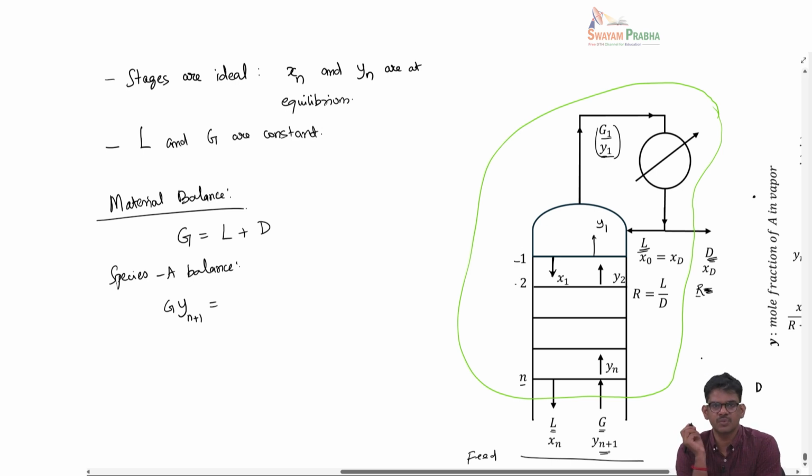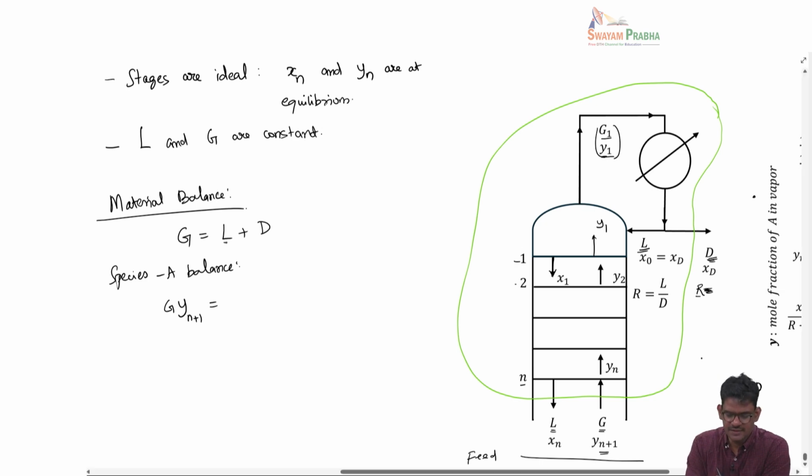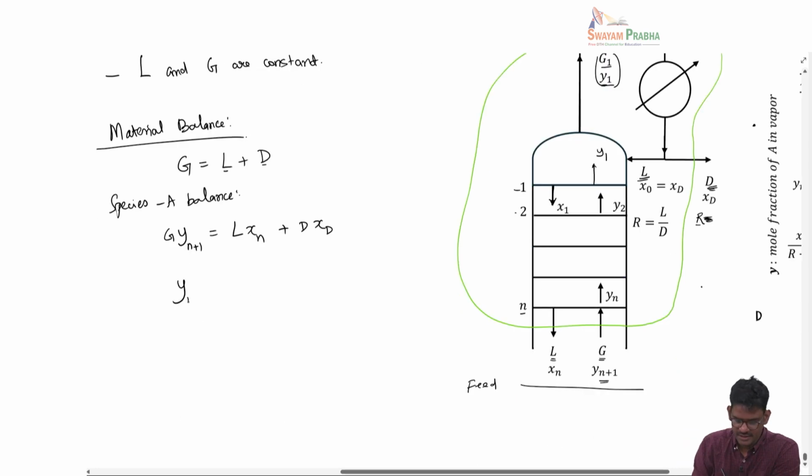So G times y_{n+1} will be the number of moles of A entering the system per unit time, and the number of moles of A leaving in L and D would be L times x_n plus D times x_D. Then we can write y_{n+1} equals L by G times x_n plus D by G times x_D.